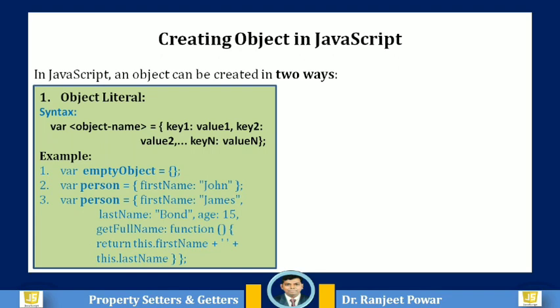You can include key value pairs in curly brackets where key would be a property or a method name and value will be the value of a property of any data type or function. Use comma to separate multiple key value pairs.